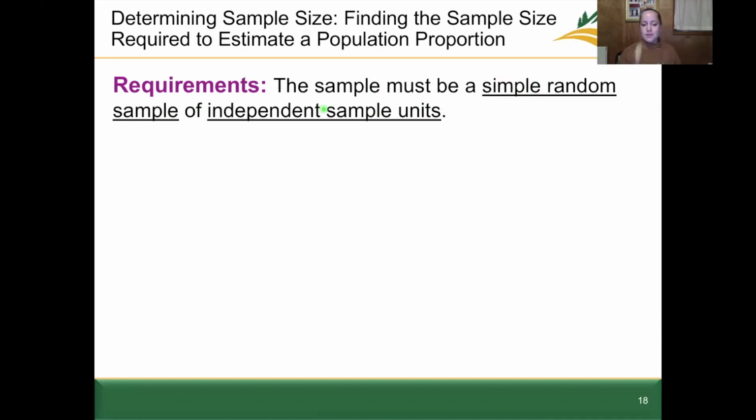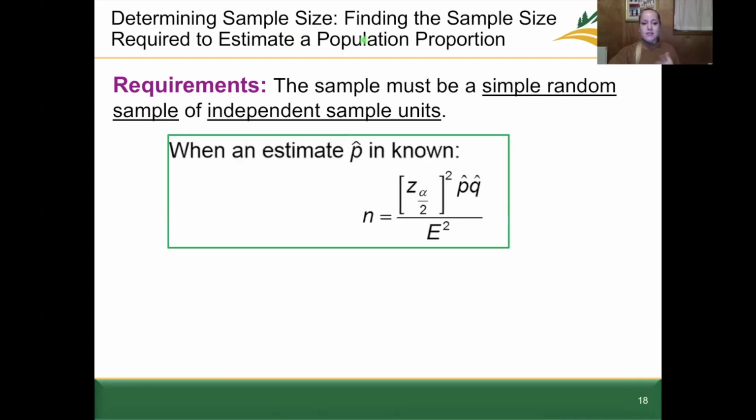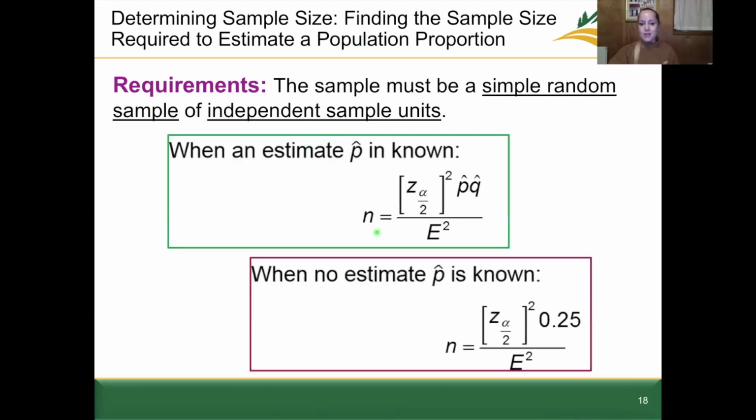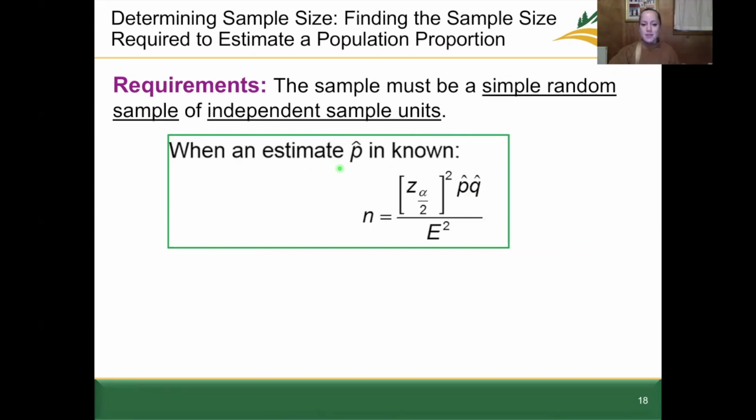Now, there are two different formulas we can use here. When finding the sample size required to estimate a population proportion, we need to consider: do we know an estimate of p hat, or do we not know an estimate of p hat? If an estimate of p hat is known, then that goes right here where p hat is.